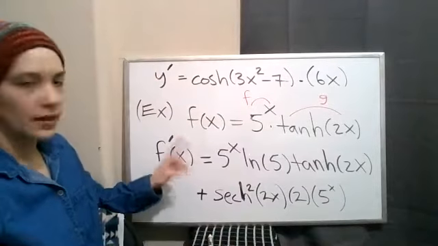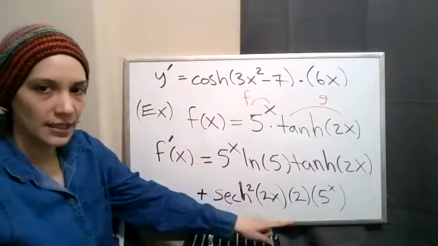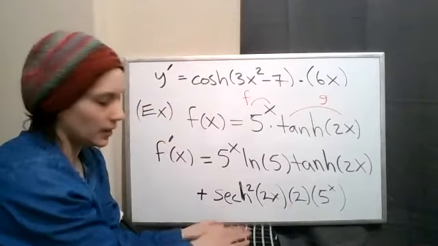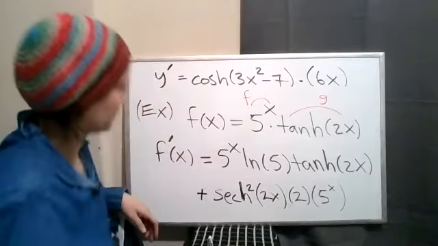Cool. Both of these terms have 5 to the x, so we'll factor that out and we'll kind of simplify what's left over.